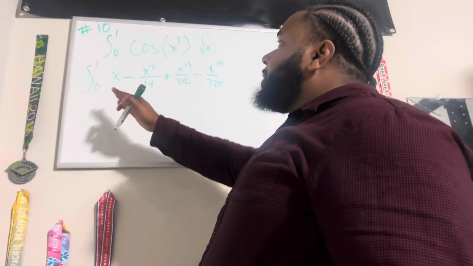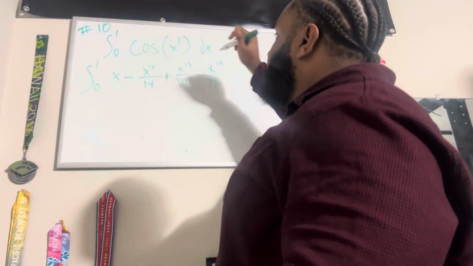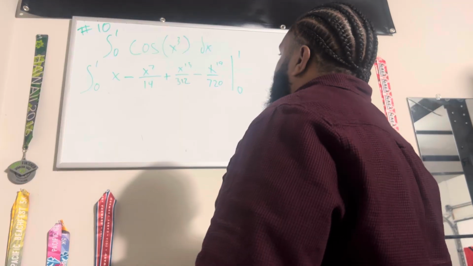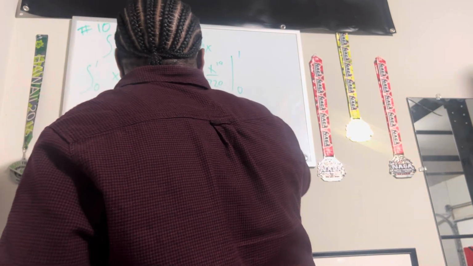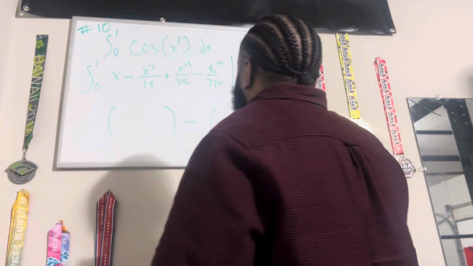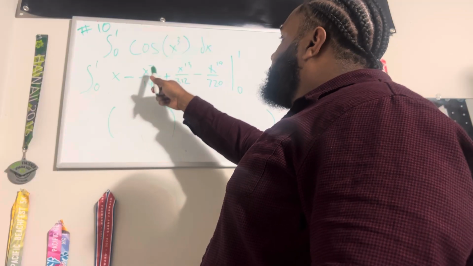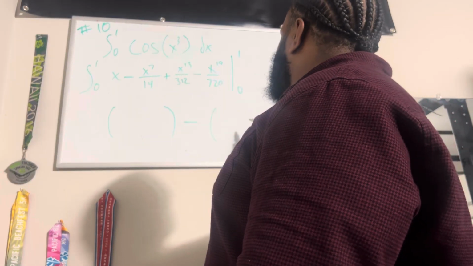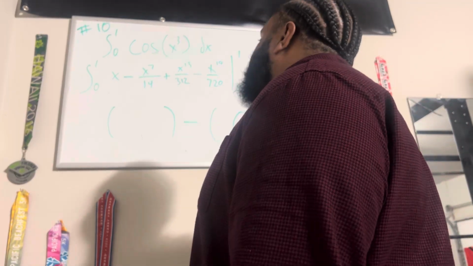All right, so we found the antiderivative of the Maclaurin series for cosine of x cubed. And now we want to evaluate this from 0 to 1. So give me some parentheses, make it big enough so the camera can see. All right, if I plug in 0 here, this turns into 0, this turns to 0, this turns to 0, so that all goes to 0, which is a good thing.